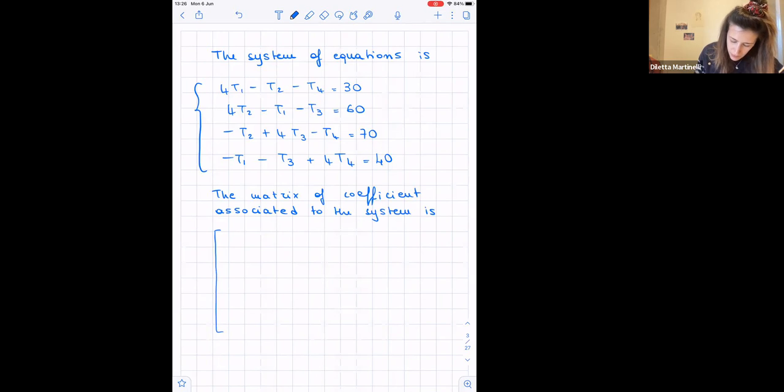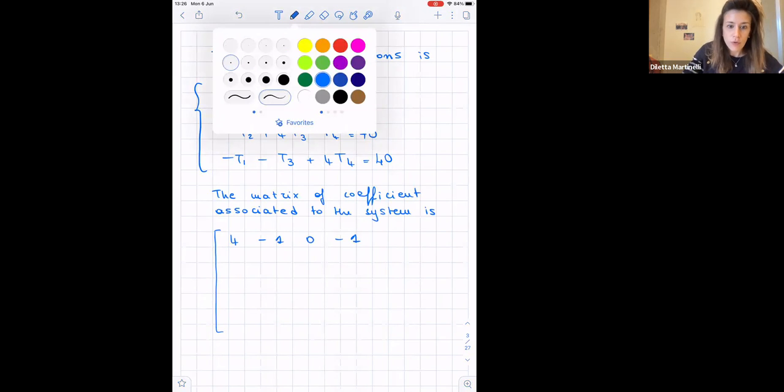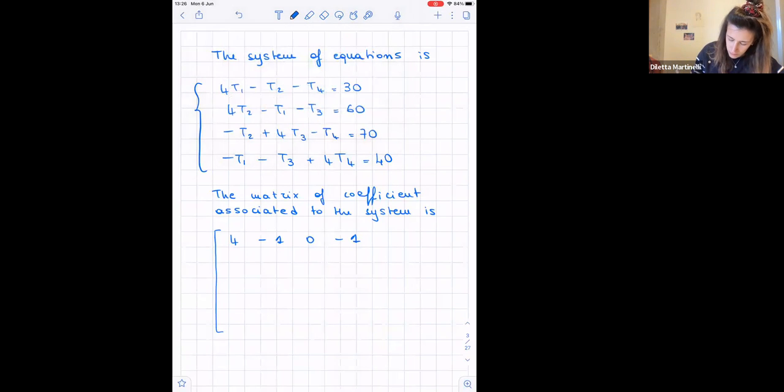the first row, as Amara said, is 4, -1, 0, -1, because the 4 is the coefficient of T1, -1 is the coefficient of T2, T3 doesn't appear, so we have a coefficient 0, and for T4, it's -1. So could you write in the chat the second row, the one given by the second equation?